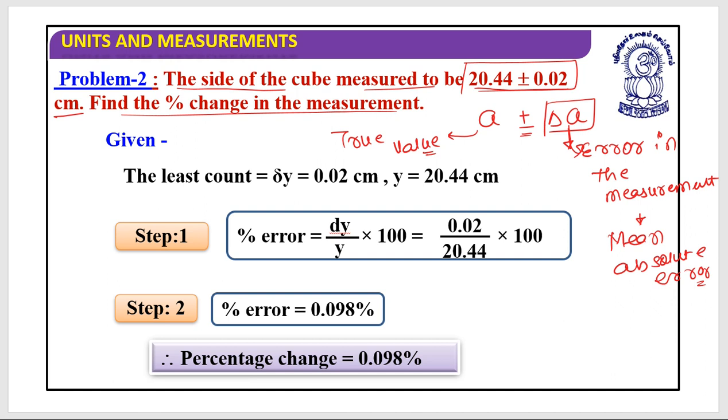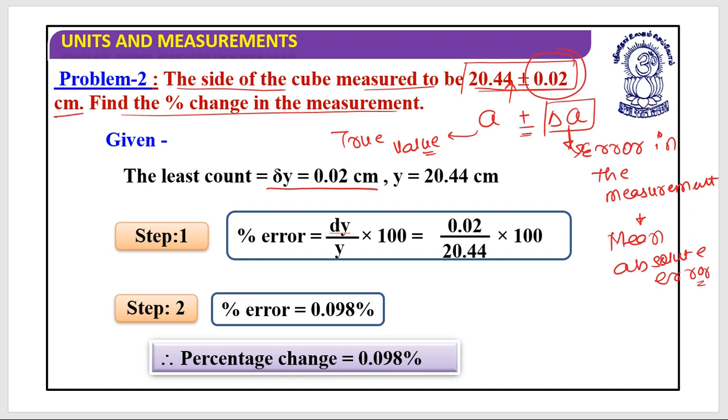Now let's get back to our question. Here they have given a number as 20.44 plus or minus 0.02. Which one is the error? Yes, you have guessed it correctly. This 0.02 is the error. So I have first written delta y as 0.02 centimeter. And which one is the true value?